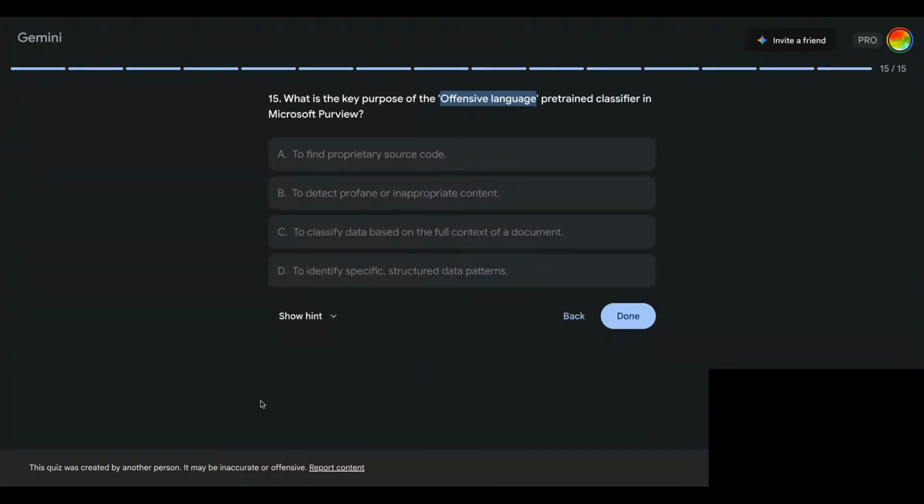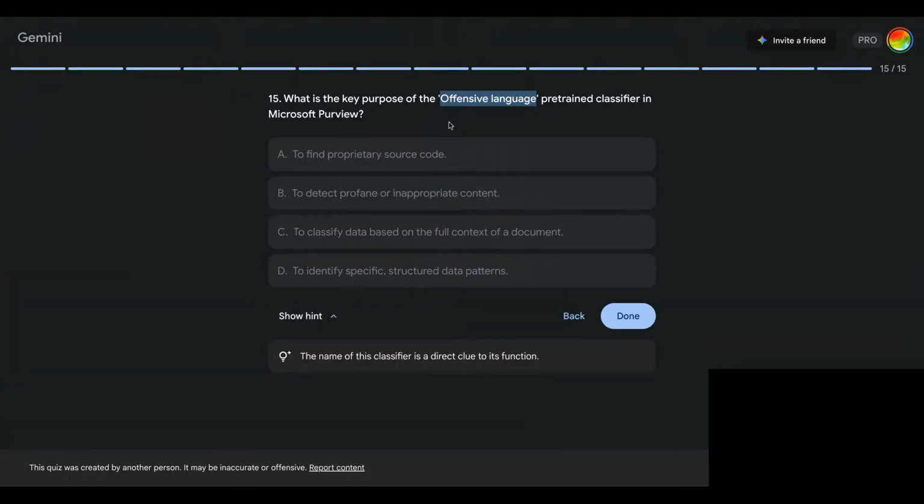To detect what? What is offensive language? Yes, Sarah, you're correct.